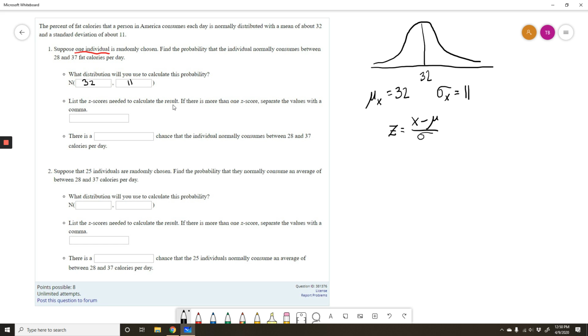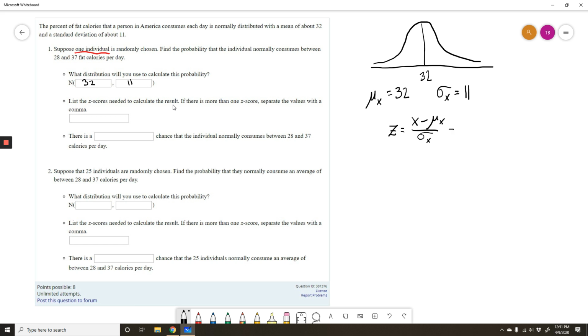So to find the z-score, given a value in the distribution, you just take the value minus the mean of the distribution over the standard deviation. In this case, it's the mean of our population distribution and the standard deviation of our population distribution. So it's the 32 and the 11.